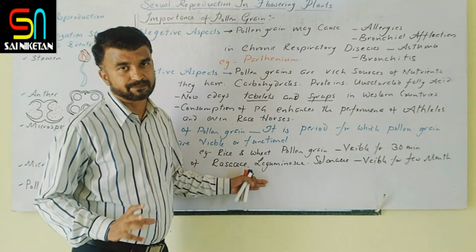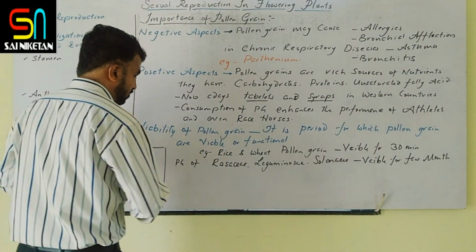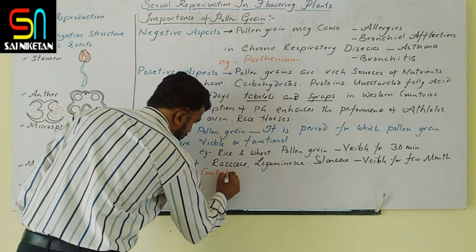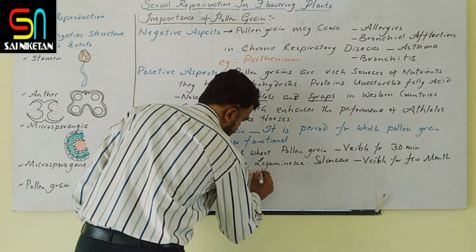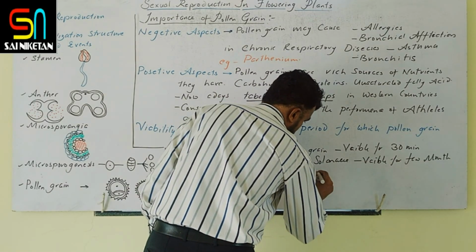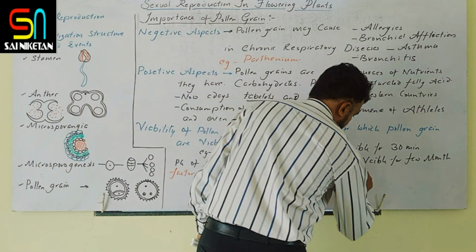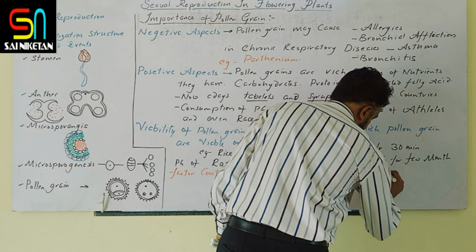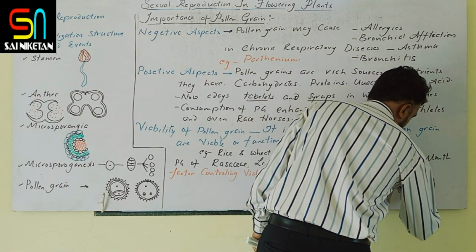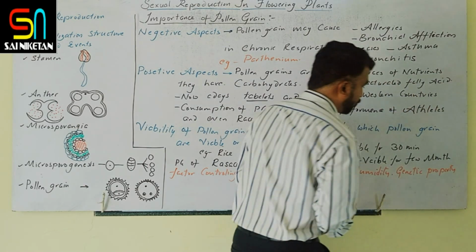It is highly variable, it is not specific, not only 30 minutes. The factors controlling viability are temperature, the ambient temperature, then humidity, and also the genetic property of that pollen grain.